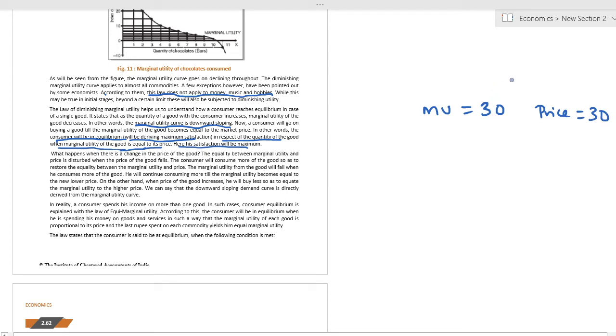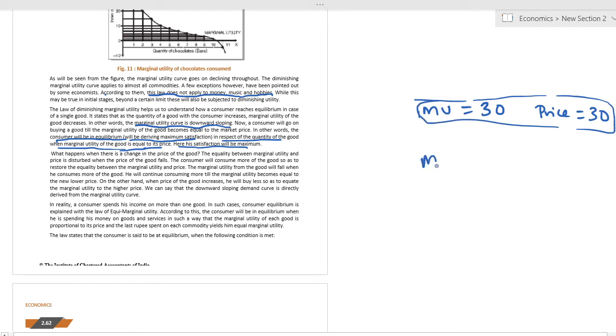Here we are measuring utility with money only. Marginal utility is nothing but the amount that the person is ready to pay for the good. So if MU is 30 and price is 30, obviously at this point, this is the equilibrium for the person.